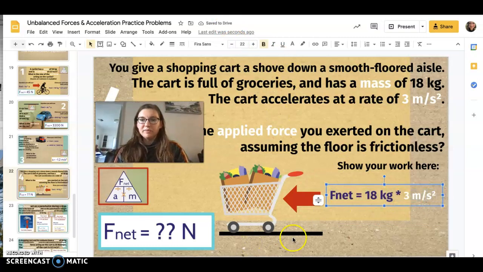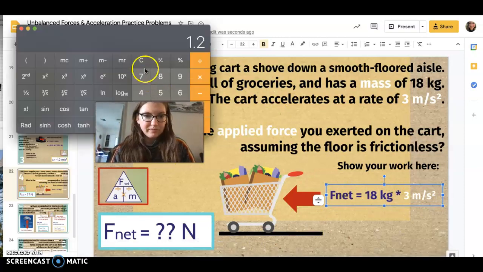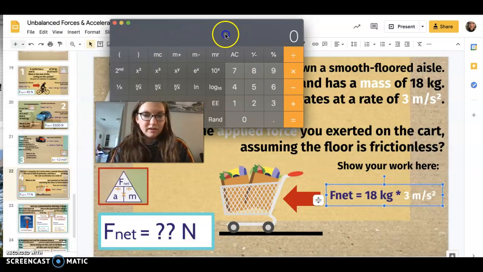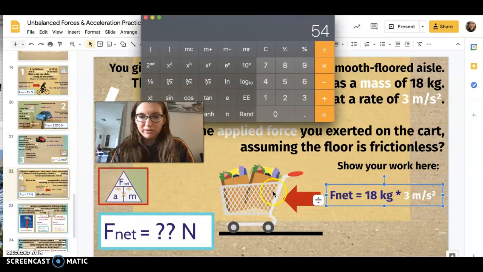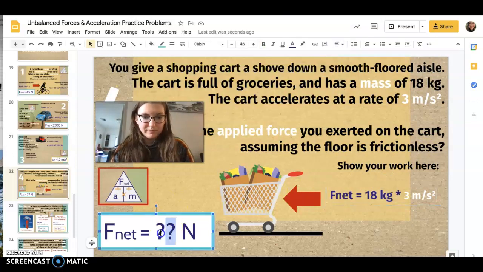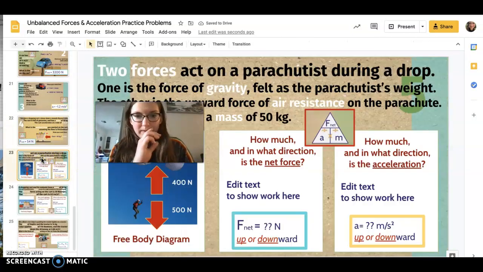Okay, so 18 times 3 is 54 newtons. Okay, so just a couple more here.